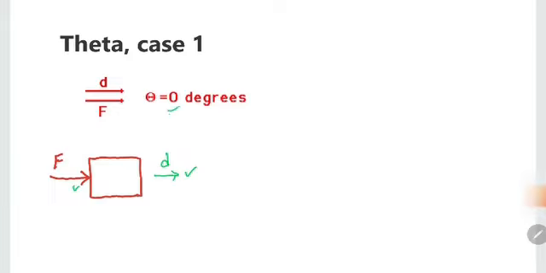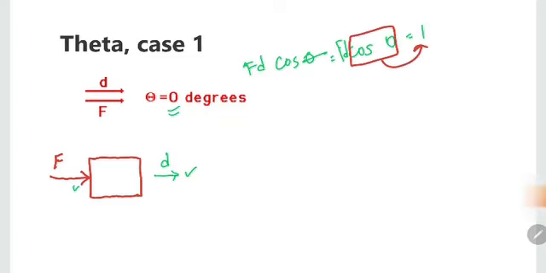There's no angle between them. So, dun sa cosine theta, it will become cosine 0. Okay? What's cosine 0 in a calculator? Cosine 0 is 1. So, multiply mo na lang yung F times D. Because cosine 0 is 1.